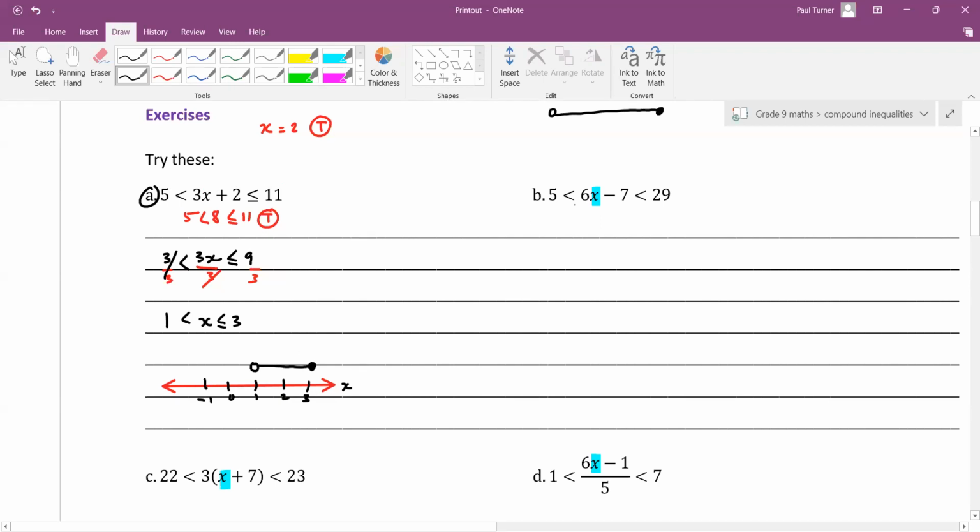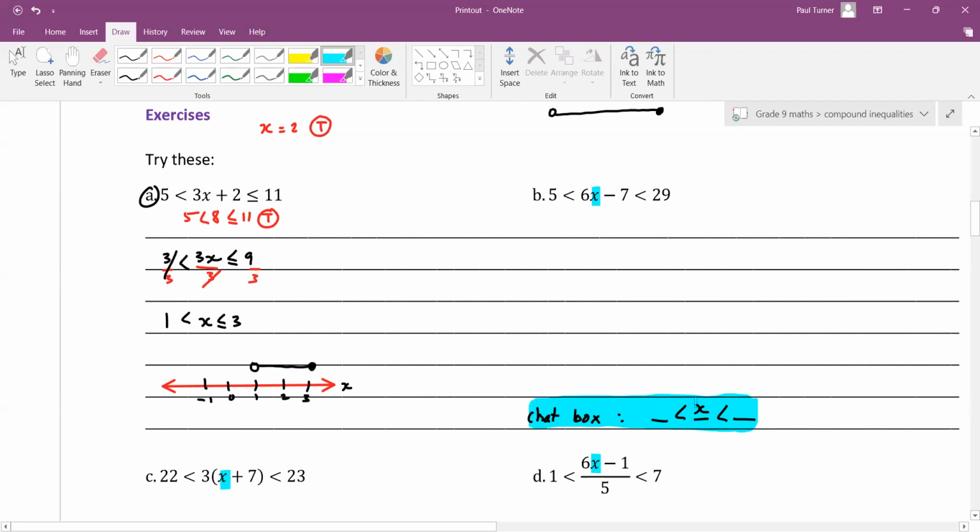Okay, I'll let you do this one yourself. And in your chat box, you put your answer looking something like this. I'll give you a few minutes to do it. See if you can do this one by yourself. Just follow question A there. The x should be in the middle, shouldn't it? So you tell me what numbers go on the outside there. Okay, I'll wait for your answer. Try that one.